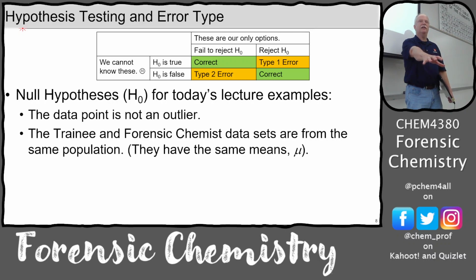That's really bad, isn't it? You know, so I know they're testing the same thing because I set this trial up. But once I lose that, if they're both testing unknowns, then I will have a different answer completely if I use the trainee versus the forensic chemist.